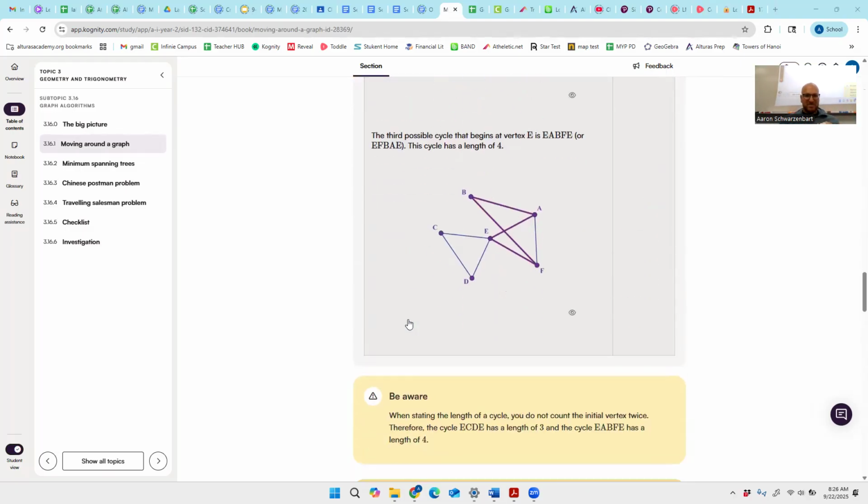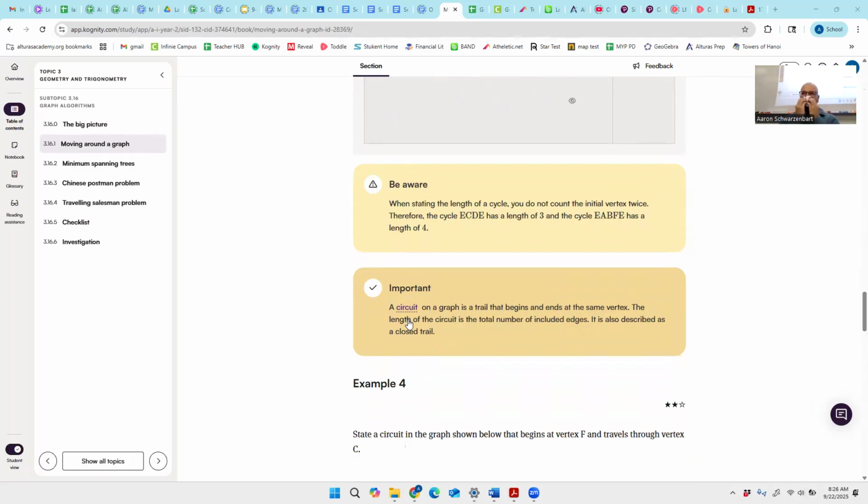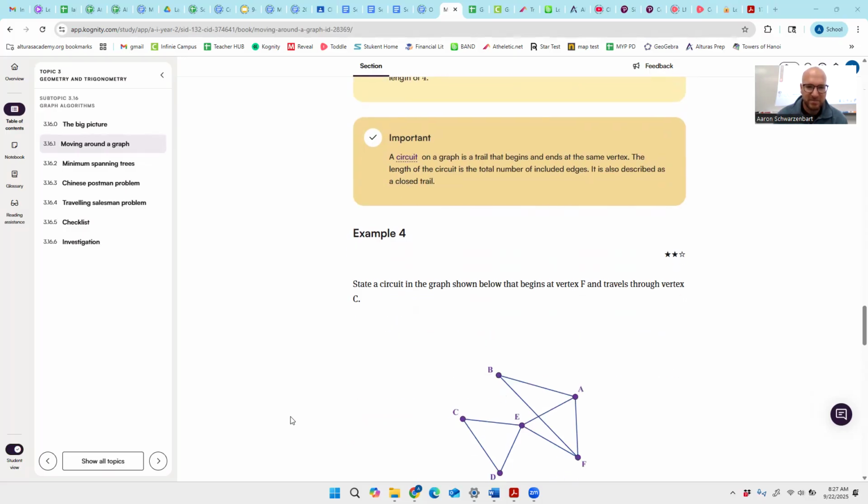The cycle had no repeated vertices, so it was a path. A circuit is a trail. It can also be described as a closed trail. It's another name for it.